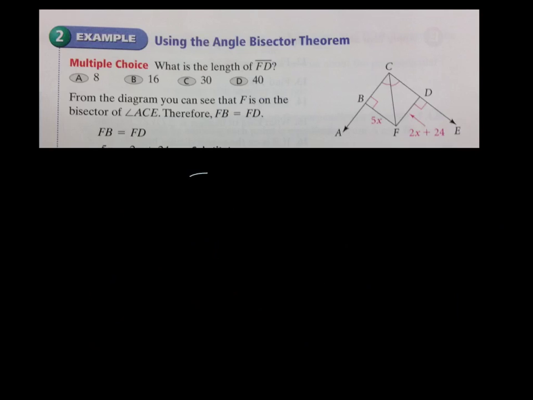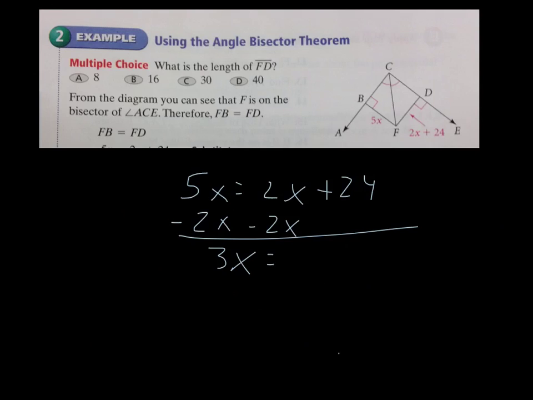Well, then we will set 5x equal to 2x plus 24, and we will solve that for x. You're going to subtract 2x from both sides, giving you 3x equals 24. Divide both sides by 3, so x equals 8. Once we get x to equal 8, we can plug it back in to 2x plus 24, which would be 16 plus 24, and so FD has to be 40.